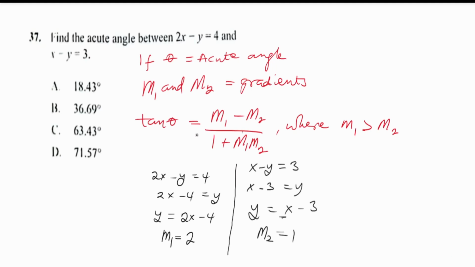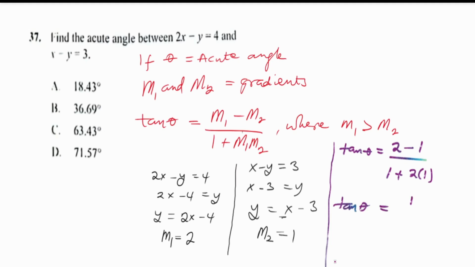We are now going to substitute this into this formula, and then we solve for theta. It means this formula now becomes tan theta equals m1 is 2 minus m2 is 1 over 1 plus m1 is 2, m2 is 1. So tan theta now becomes 1 over 3.